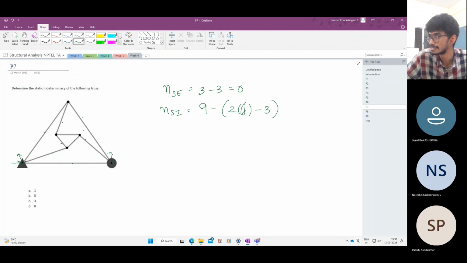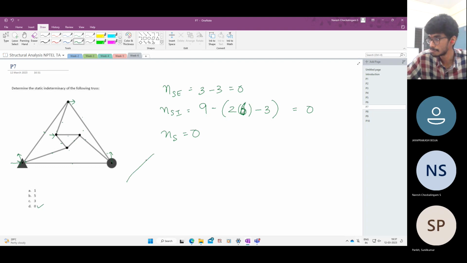So how many joints are there? 6 joints. So internally also it is 9 minus 9, 0. So ns is equal to 0. So it is a statically determinate truss. Is this a stable truss? Yes, this is a stable truss. By inspection, by giving a small load perturbation, we can see that it is a stable truss.